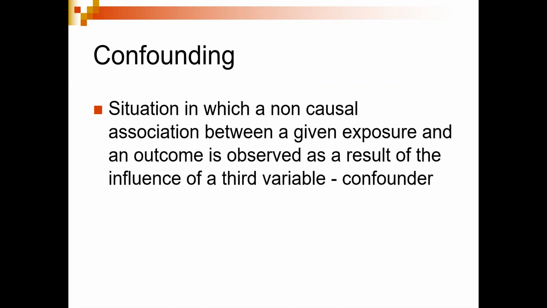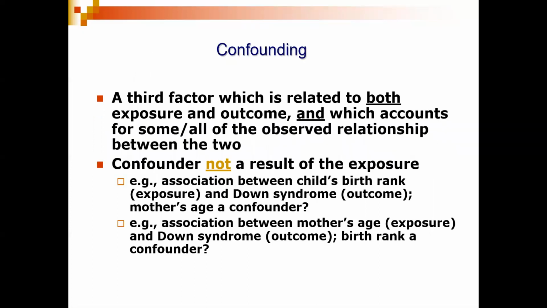This association between an exposure and an outcome will be as a result of a third variable, a confounder. Generally, a confounder distorts the relationship between exposure and outcome. You then see as if there is an association, when there is no association.